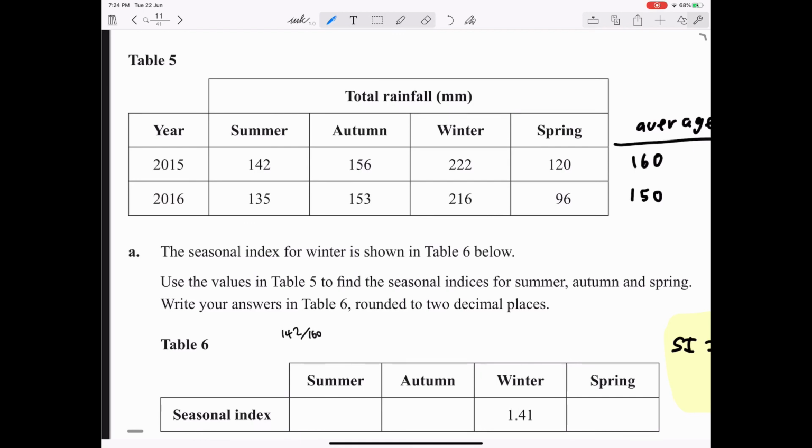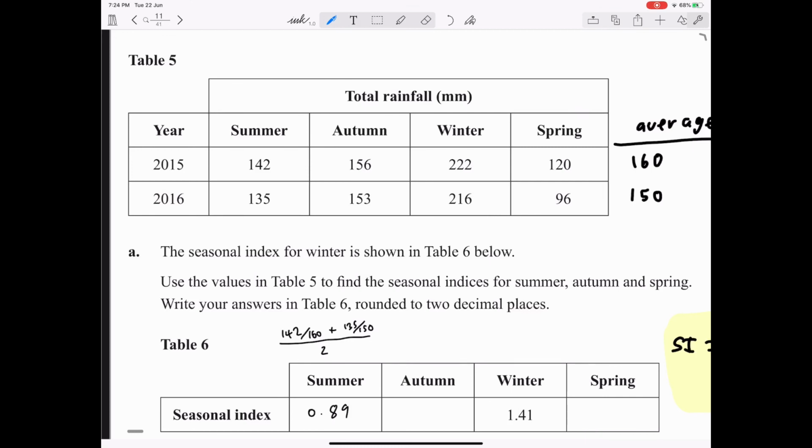And then since we have another year as well, which is 2016, you add the seasonal index for 2016 summer, which is 135 divided by 150. And basically you're sort of finding the average seasonal index of the 2 years. So you divide it by 2. If you put that on your calculator, you'll get 0.89 rounded to 2 decimal places.